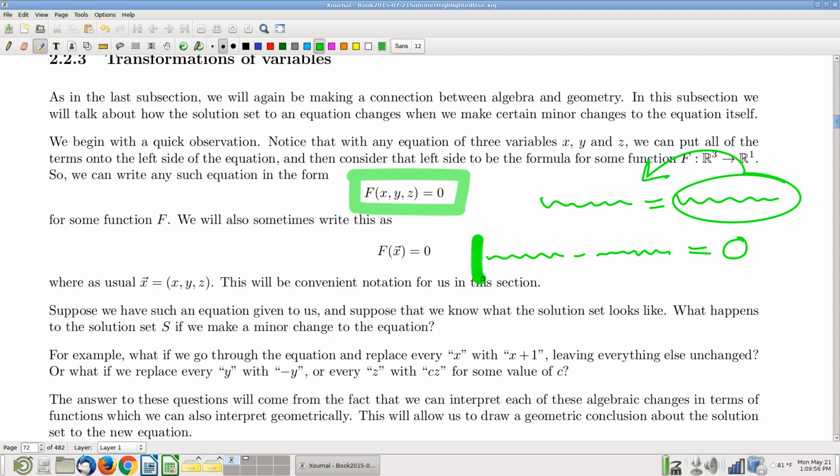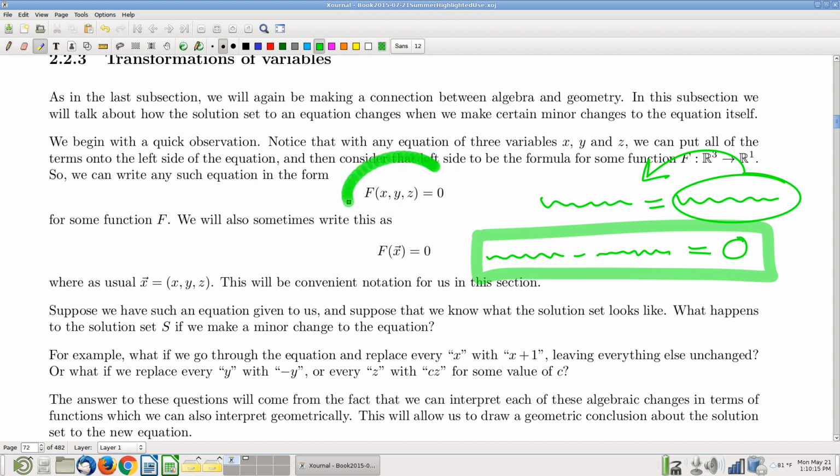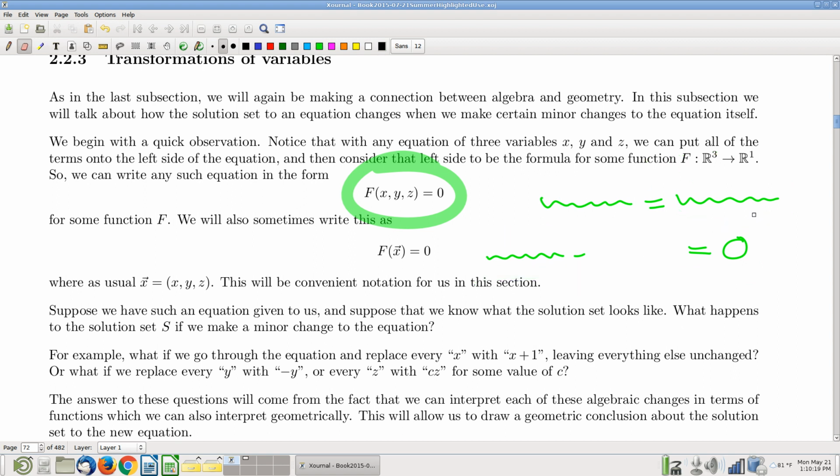So you can always rewrite any equation of 3 variables as some function of 3 variables equals 0. It ends up being convenient. So having done that, I can refer to my equation as taking this form. It's just compact, useful. Okay.